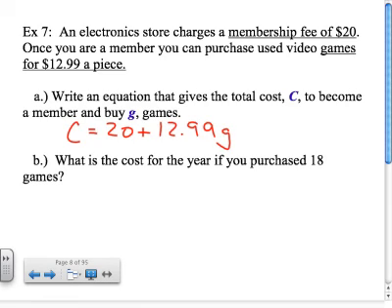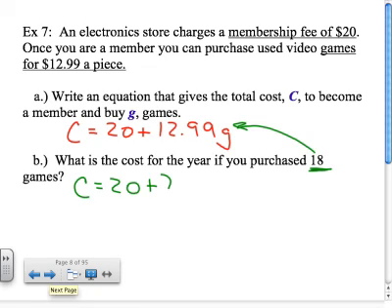In part B, it says, what is the cost for the year if you purchase 18 games? Well, again, this 18 represents the number of games, so you plug that guy in for G. All right, so the total cost equals $20 plus $12.99 times 18 games. Okay, and so when I do that, let's see here, I get $12.99 times 18 plus 20.